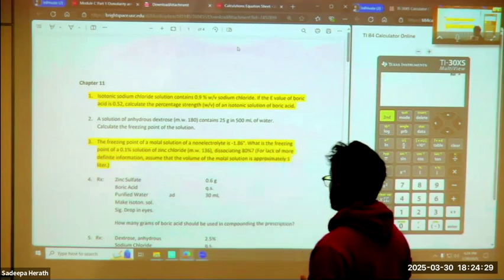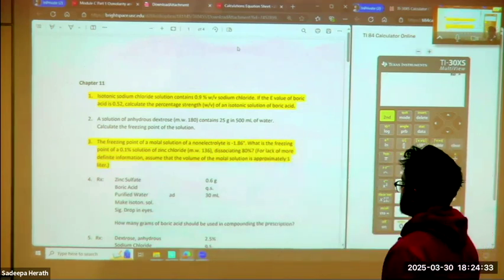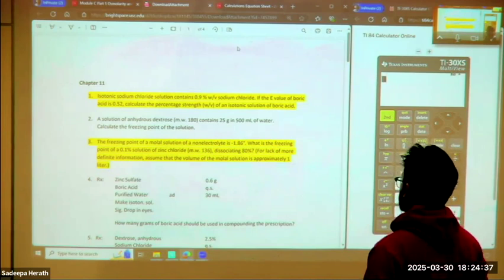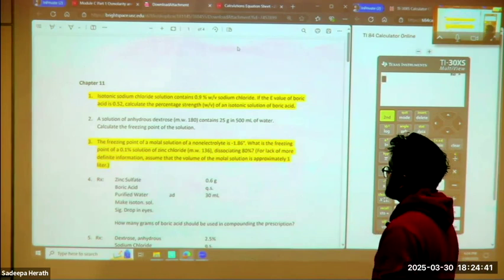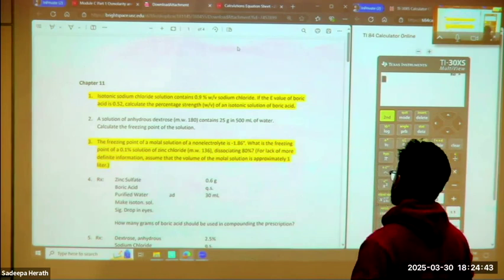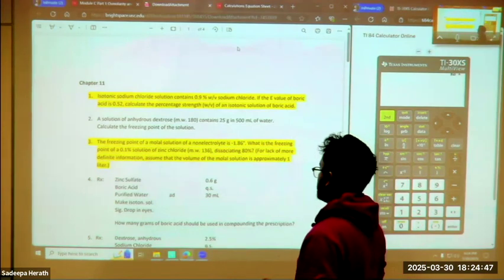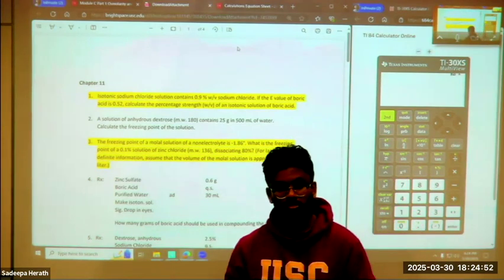Starting off, number one, isotonic sodium chloride contains 0.9% weight to volume sodium chloride. If the E value of boric acid is 0.52, calculate the percentage strength of an isotonic solution of boric acid. Based on everything that we learned so far, E value is the new concept here, right?